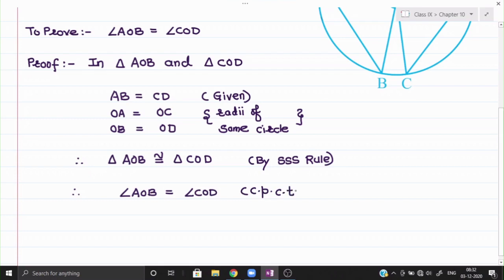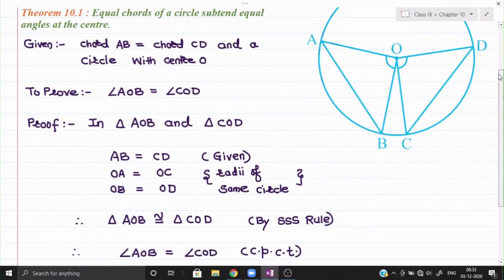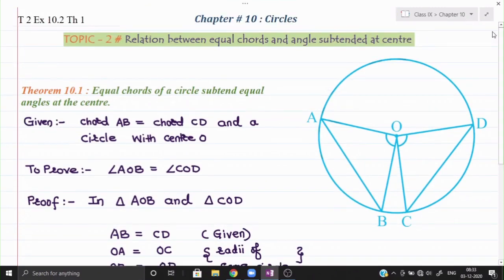And that is what we were required to prove. So here at last we write hence proved. This completes the proof of the first theorem. Whichever theorems I am going to prove here may come in the examination also, so you have to prepare the proofs of these theorems.